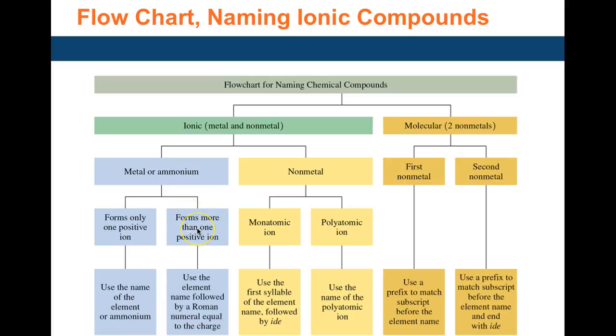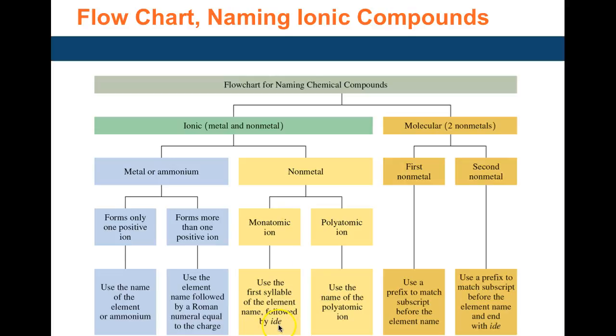If that metal is forming an ion of variable charge, then you're going to name that metal, which corresponds to the elemental name. But here you will have the parenthesis Roman numeral because it is a transition metal. Now look at the non-metal. Is it a single non-metal? Then it's monoatomic.